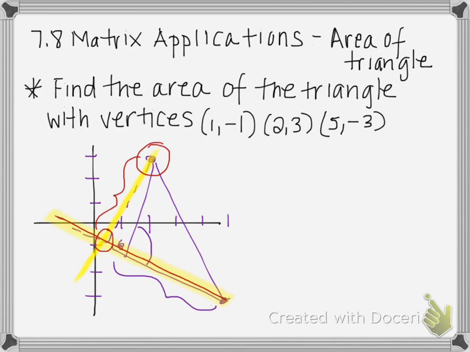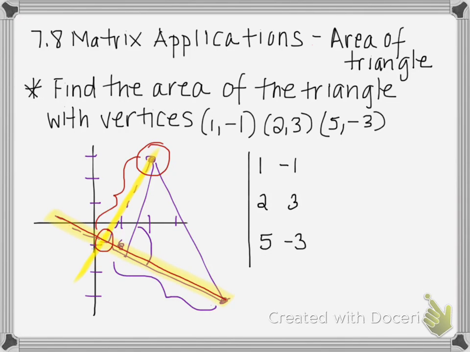I'm going to set up a 3x3 matrix, and just give myself a little space here. And this 3x3 matrix is going to have the 3 points: 1, -1, 2, 3, and 5, -3.